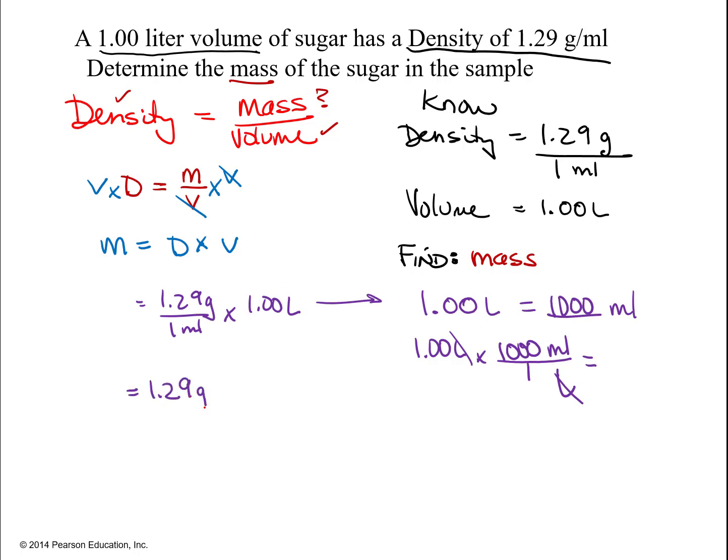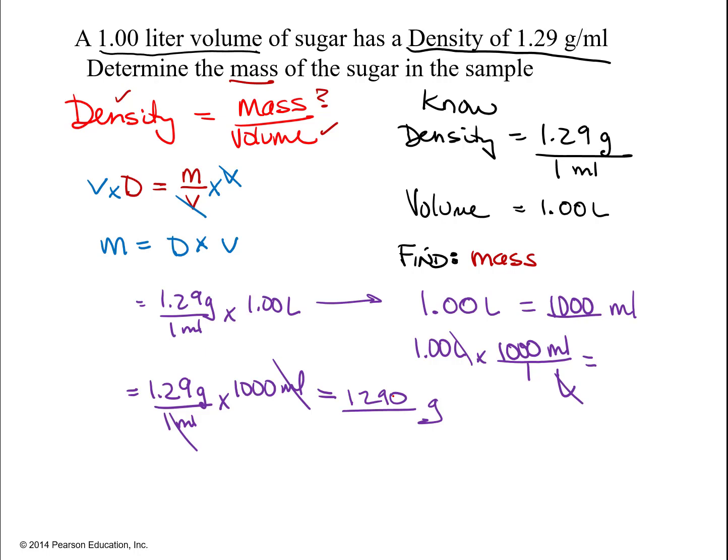So 1.29 grams per 1 ml times 1,000 milliliters. Do you see now milliliters and milliliters will cancel? And it's going to leave me with my answer in grams, and that's my mass. So this would be what? 1,290.